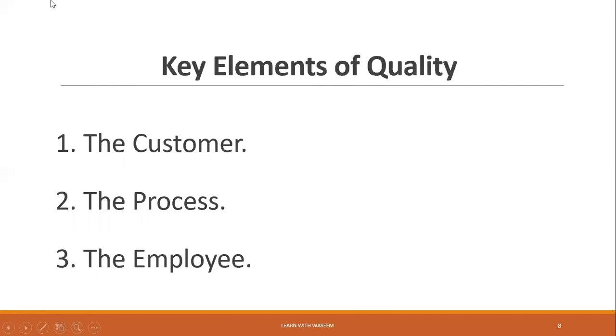Okay, and all of these processes are usually performed by machines, but the machines are run by different individuals, and we call those individuals the employee.